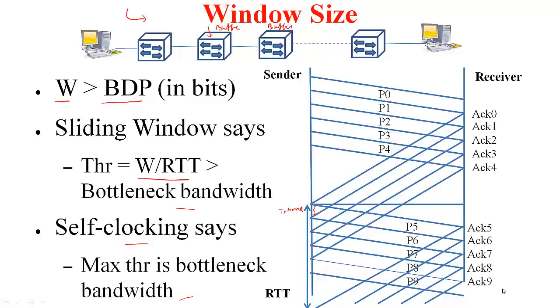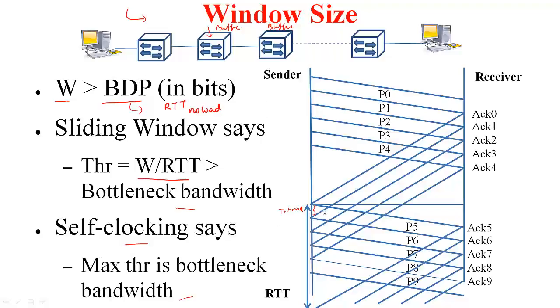Now if packets are getting buffered, naturally the round trip time they are going to experience will now include the queuing delay as well. So this bandwidth delay product was calculated with a round trip time when there was no load. Now when you exceed this capacity, you are basically going to increase the round trip time.